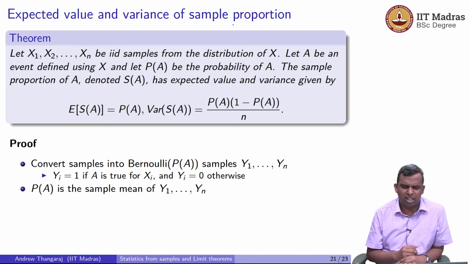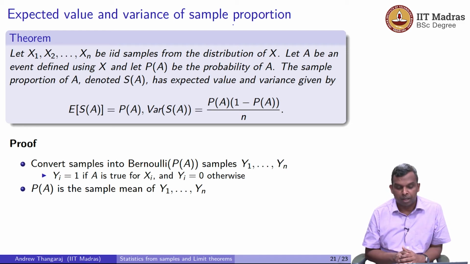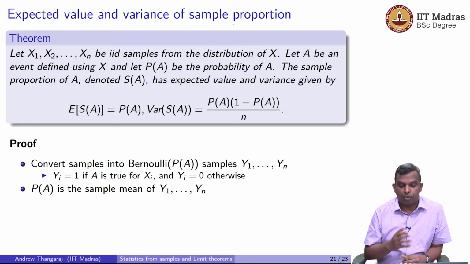Its proof is actually very simple. I can convert the samples into Bernoulli P of A samples just by the indicator random variable. Yi is 1 if A is true for the xi, and yi is 0 otherwise, so you have now a Bernoulli P of A sample.